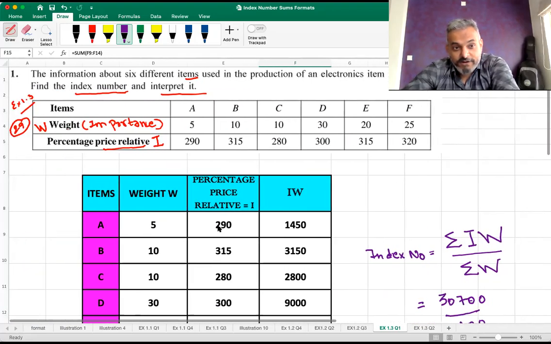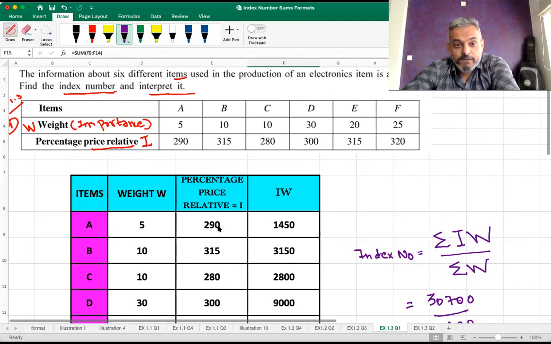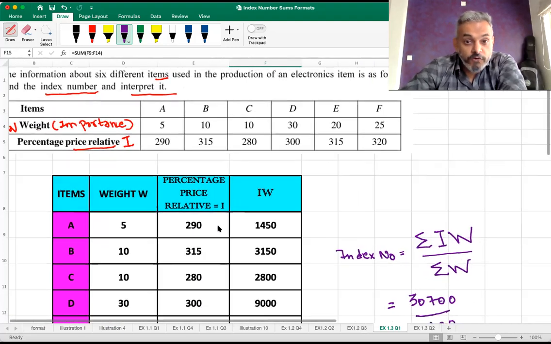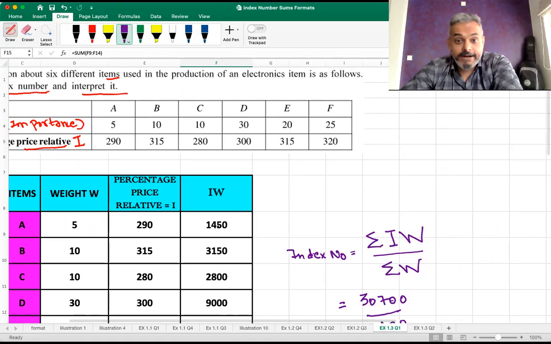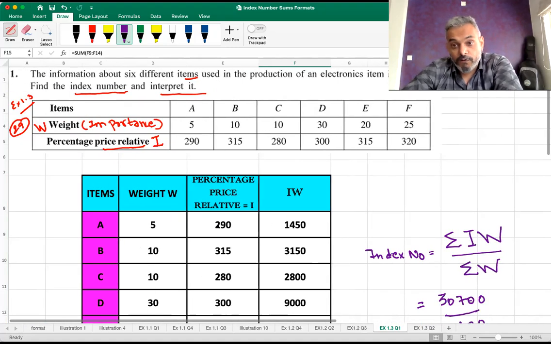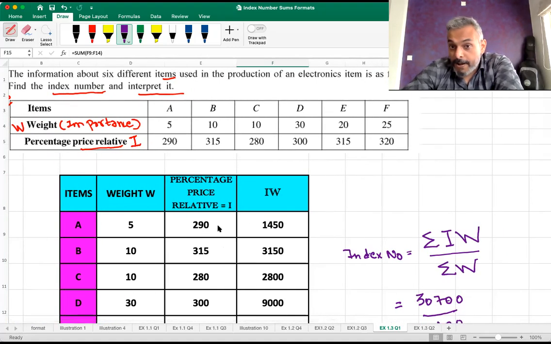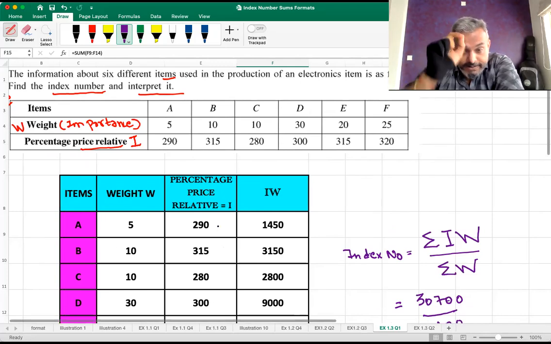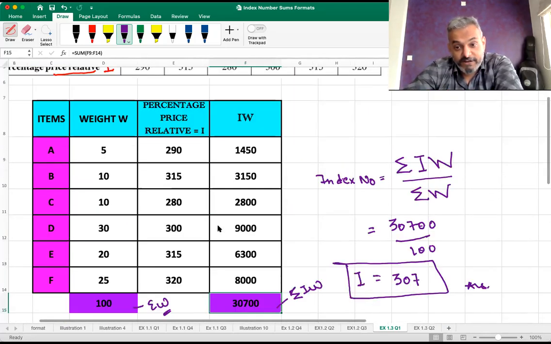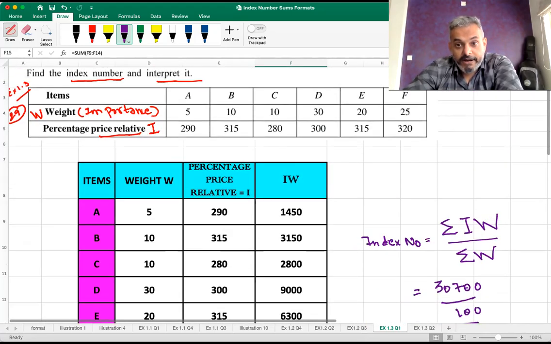Let's read the question. The information about 6 different items used in production of an electronics item is as follows. Find the index number and interpret it. So your interpretation is to be done. Your index is now 307.